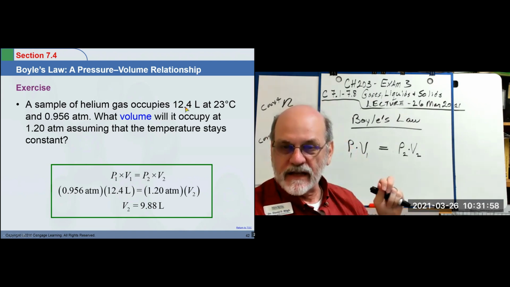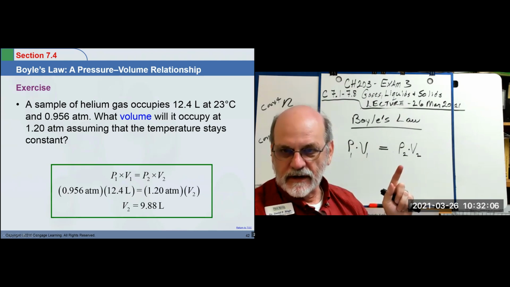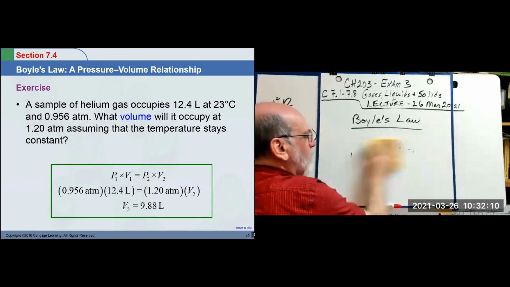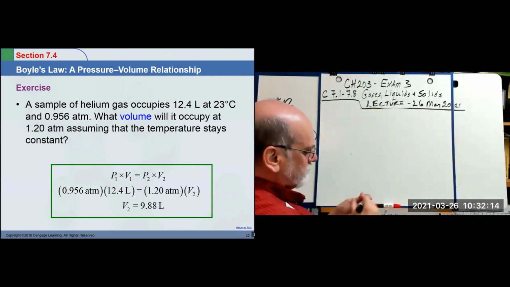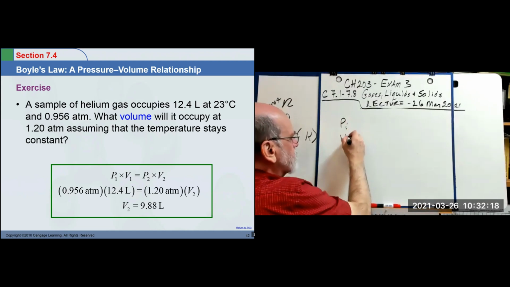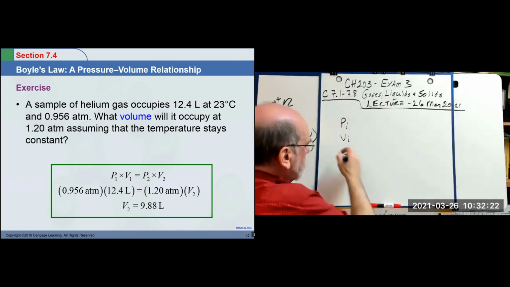A sample of helium gas occupies 12.4 liters at 0.956 atmospheres. That's starting conditions. And that's why I tend to write those things on the board, separate from the word problem. You may even say like this: initial, final.